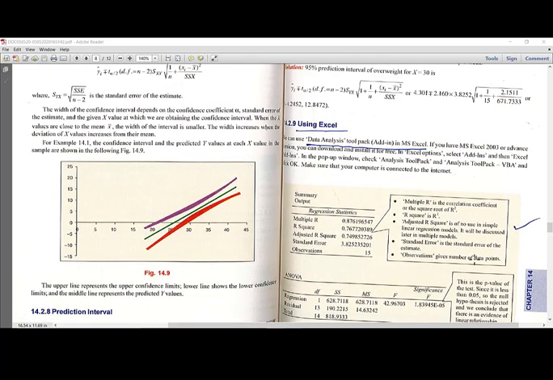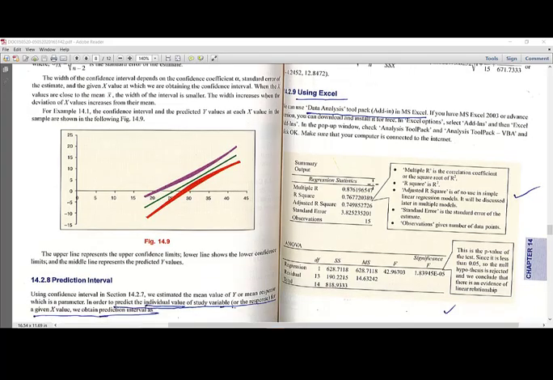Now let us discuss the use of MS Excel for this simple linear regression. We can use the Data Analysis ToolPak in MS Excel, and here the summary output for this particular example is shown.